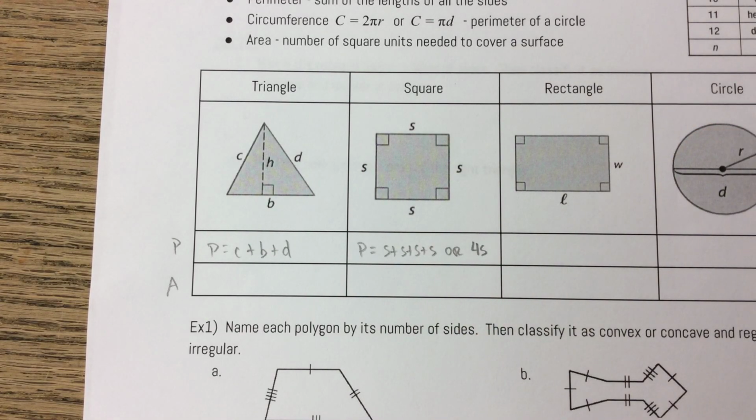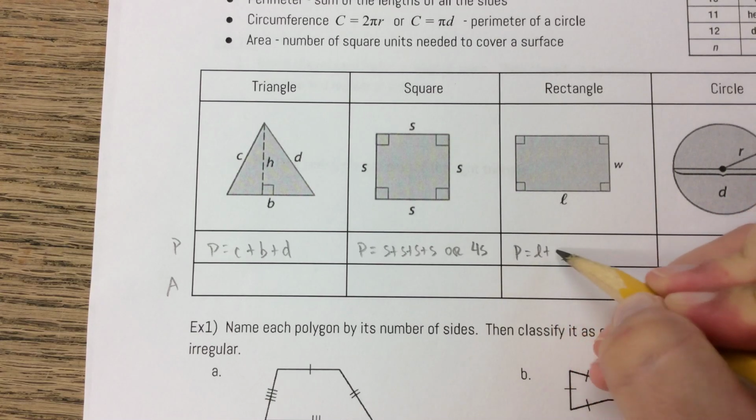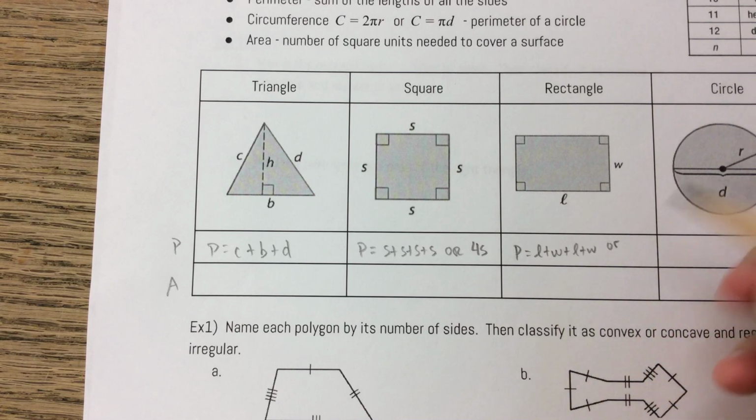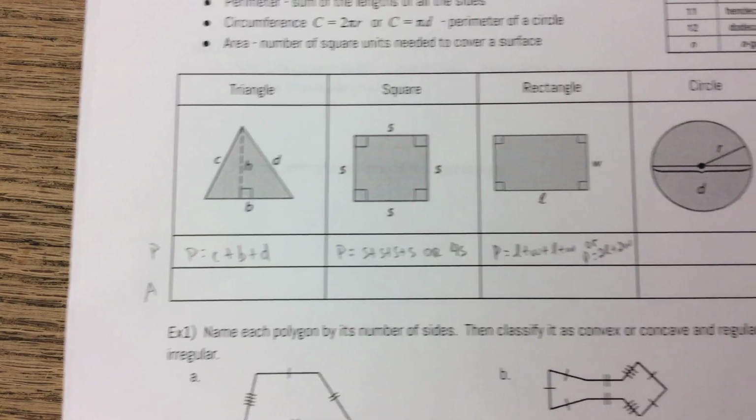For the rectangle, the perimeter could be length plus width plus length plus width, or we could say 2L plus 2W. That's just the simplified version of that.